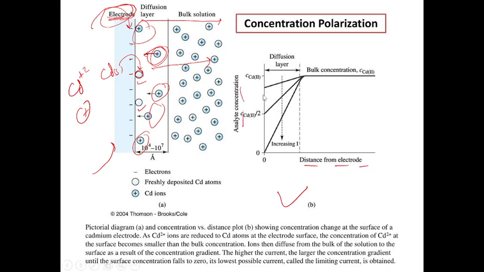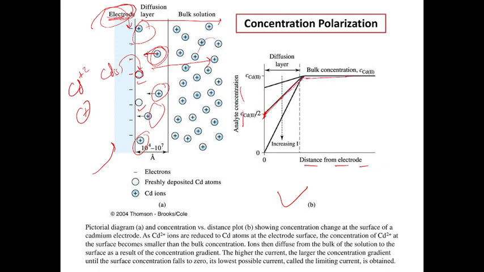There are three graphs, but let me take this one. Initially the concentration of cadmium 2 plus is this value, but as you move far from the electrode, the concentration increases, and after some time it is constant.